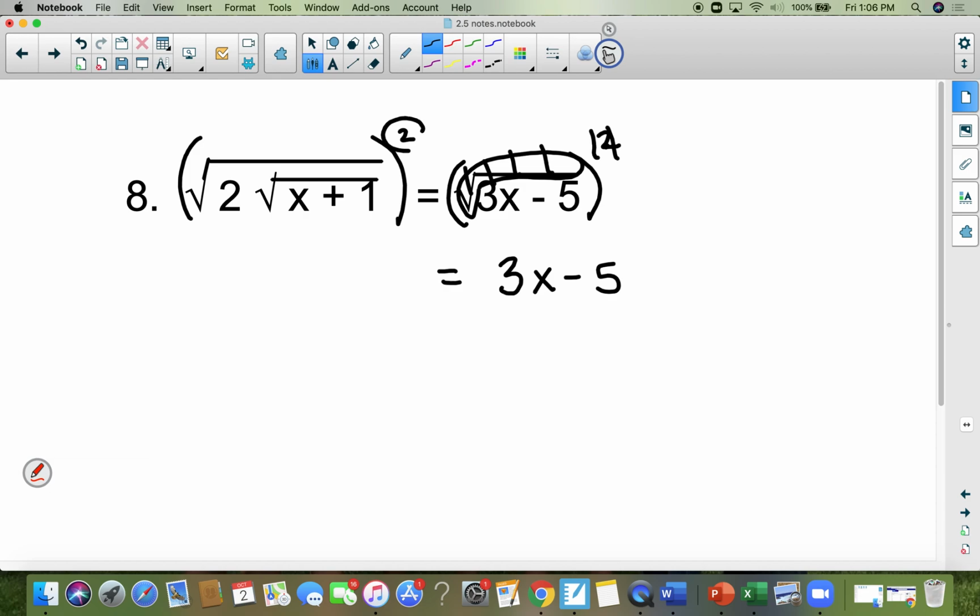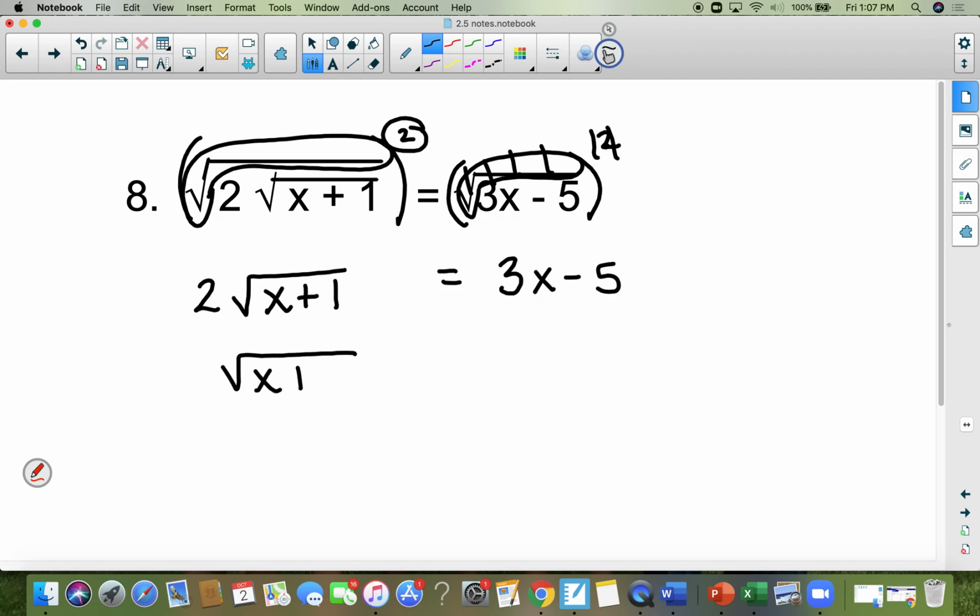Well, this 2 and this cancel each other out. So you're still left inside the radical. You still have a 2 and you still have an x plus 1 left. Okay, get the radical alone by dividing both sides by 2.